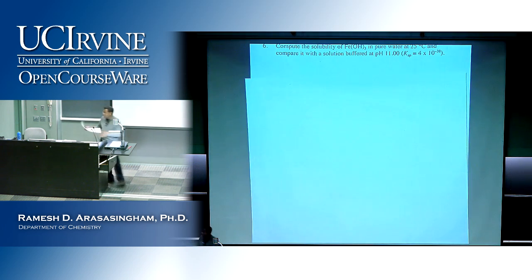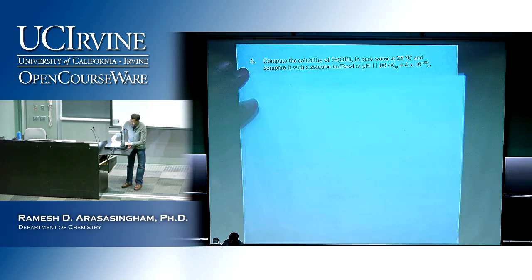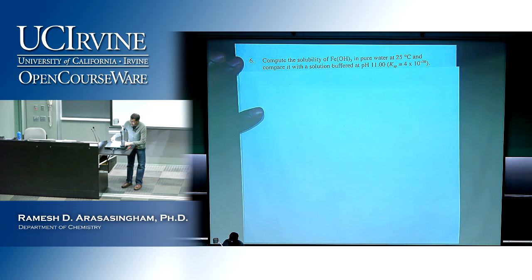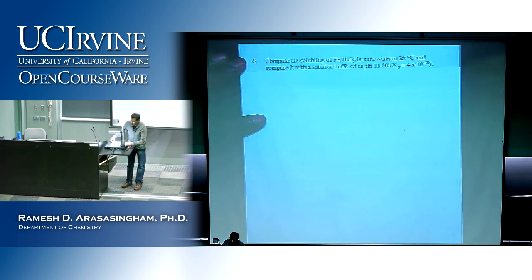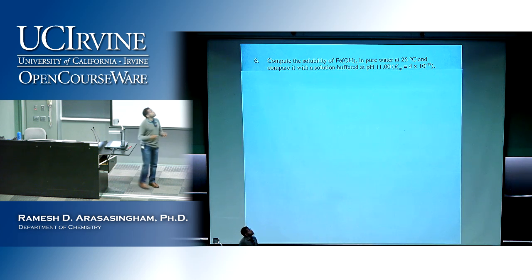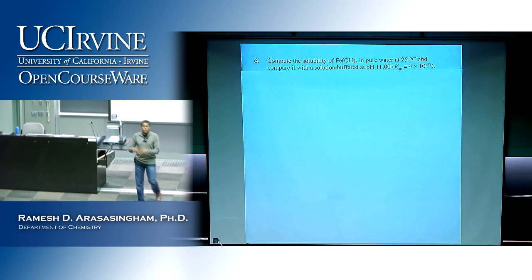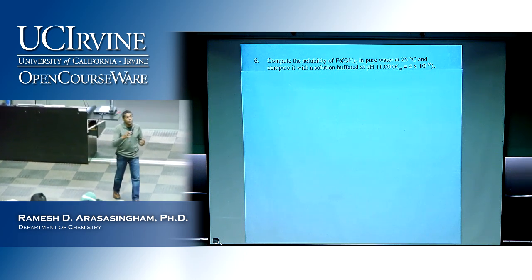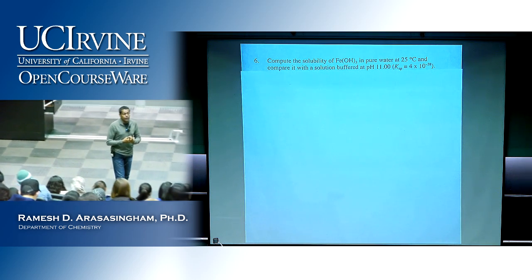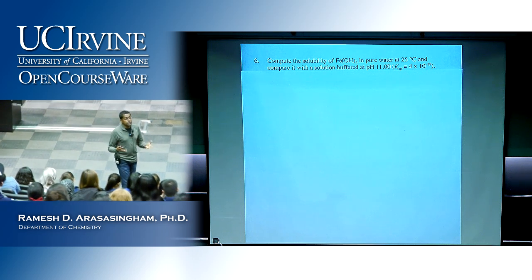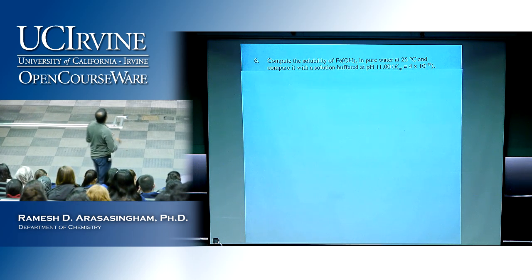I want you to look for small details as well, because your thinking should now be much more sophisticated. We've looked at this topic for over a month, and you know every aspect of equilibria that takes place in water. Okay, so let's take a look at this one.